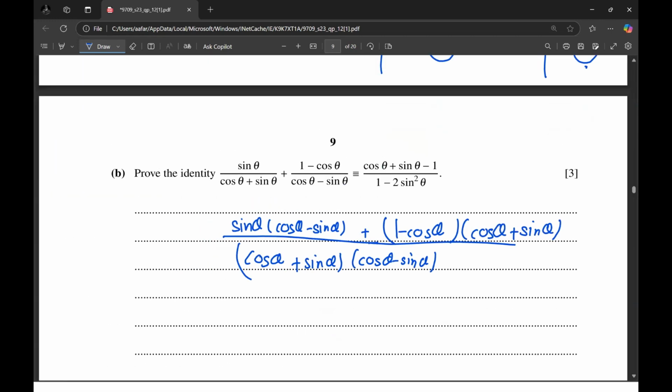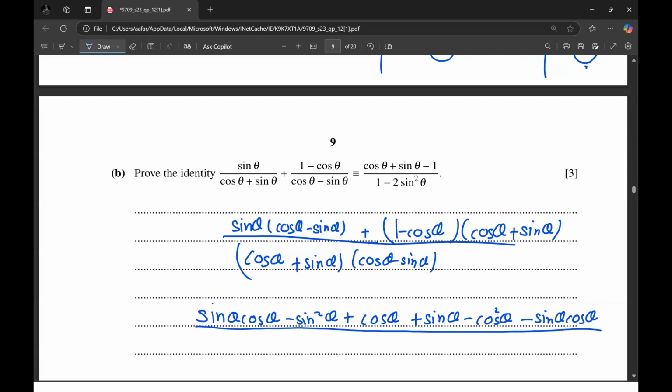So what we get is sin theta cos theta minus sin square theta, plus 1 into cos theta is cos theta, plus sin theta minus cos square theta minus sin theta cos theta, divided by cos square theta minus sin square theta.